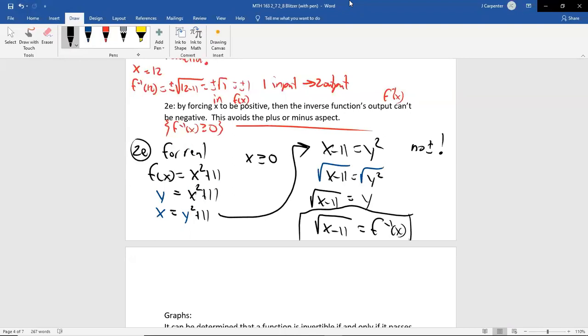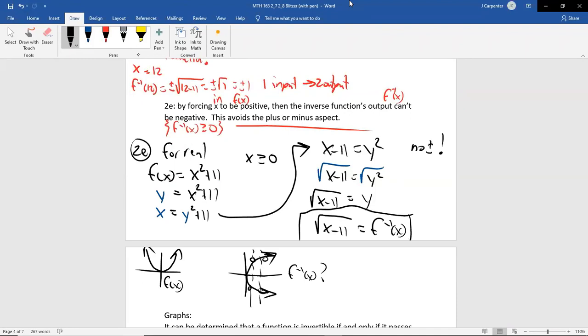So again, the idea that we're going to start talking about is if here's your regular function, then the inverse ends up flipping it kind of in this manner. But I can't call that a function because it fails the vertical line test everywhere where x is positive.